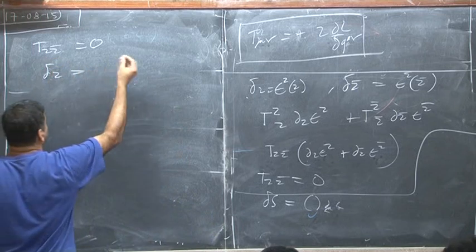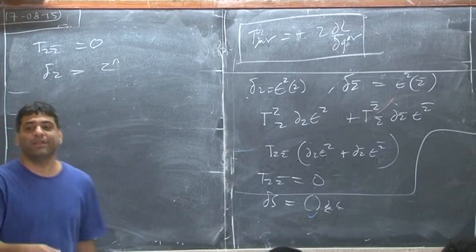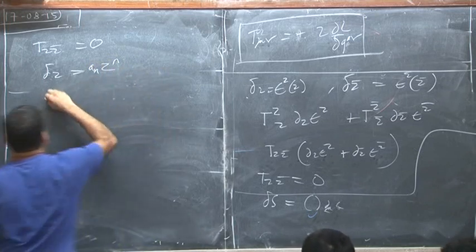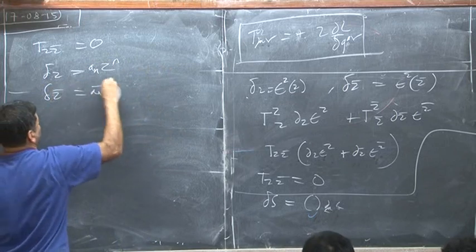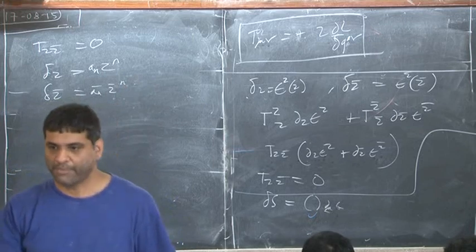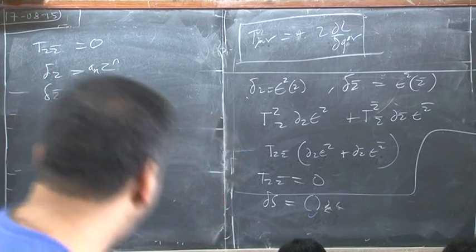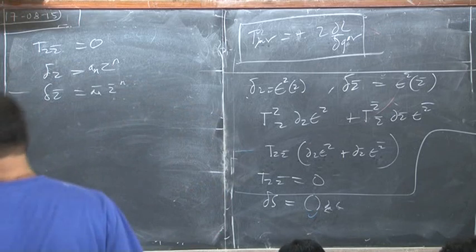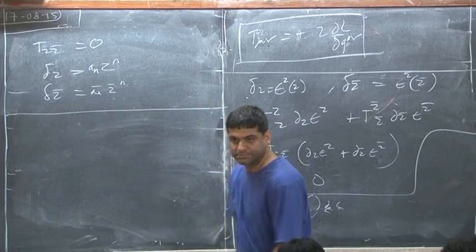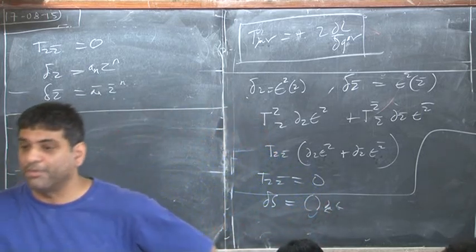Delta z is equal to a_n z^n, and correspondingly, delta z bar is equal to a_n bar z bar^n, for all n, gives us a basis of these conformal transformations. n, by the way, will be positive as well as negative.